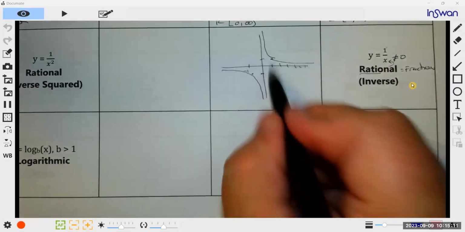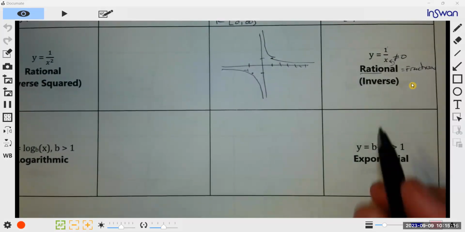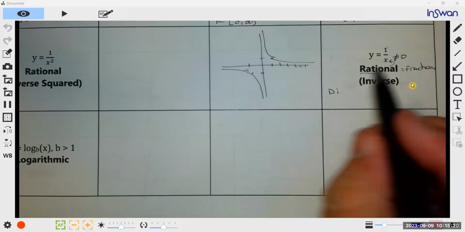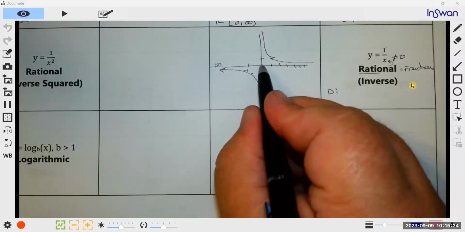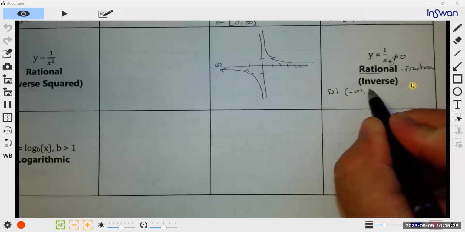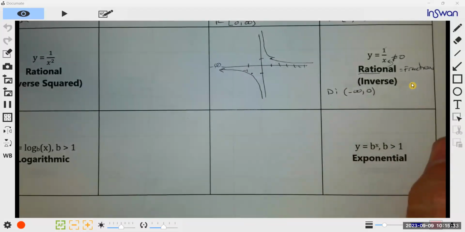It never touches the x or the y axis. So my domain, this thing goes on forever to negative infinity, but it gets very close to 0. But I never touch it, so I have to put a parenthesis there.